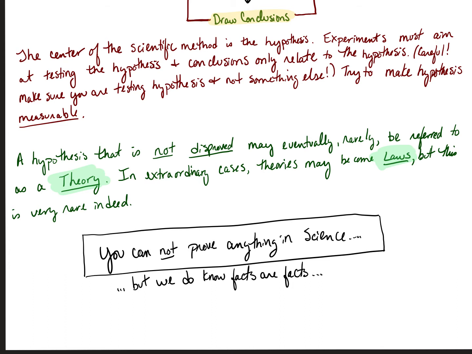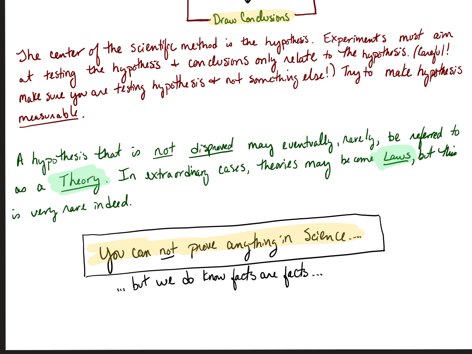But that's really rare. Something to note that many people don't realize sometimes is that you can never prove anything in science. A lot of times we hear this maybe in commercials, that scientists have proven that happens. Well, guess what? No, they haven't, because that doesn't ever happen.